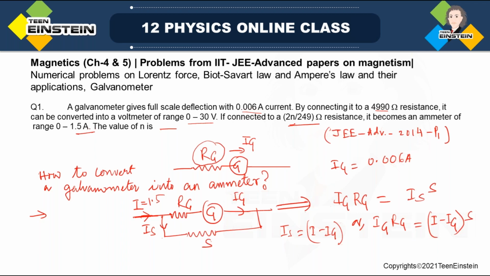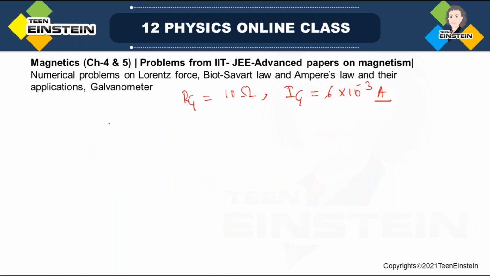S is already given. This much resistance has to be connected in parallel, right? So this resistance is already given as 249 by N, and here you have to find out the value of N. Now look what we get here. Is into S is equal to Ig into Rg, which we have written as I minus Ig into S equals Ig Rg. Okay, now what is S?